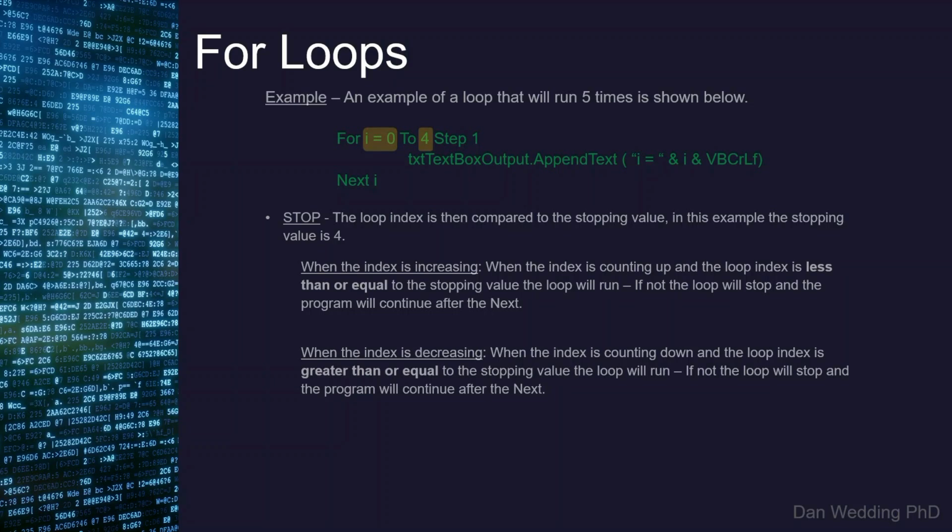If not, the loop will stop and the program will continue after the next. When the index is counting down, and the loop index is greater than or equal to the stopping value, the loop will run. If not, the loop will stop and the program will continue after the next.